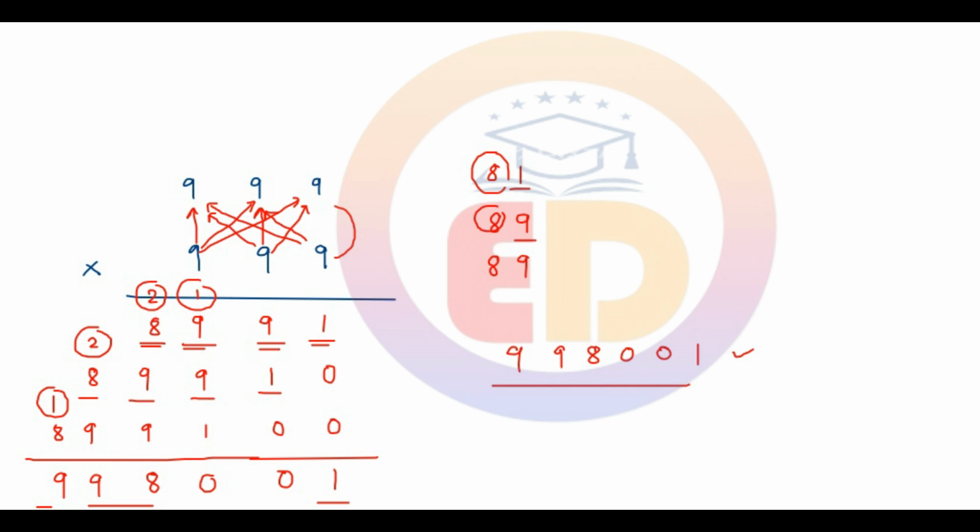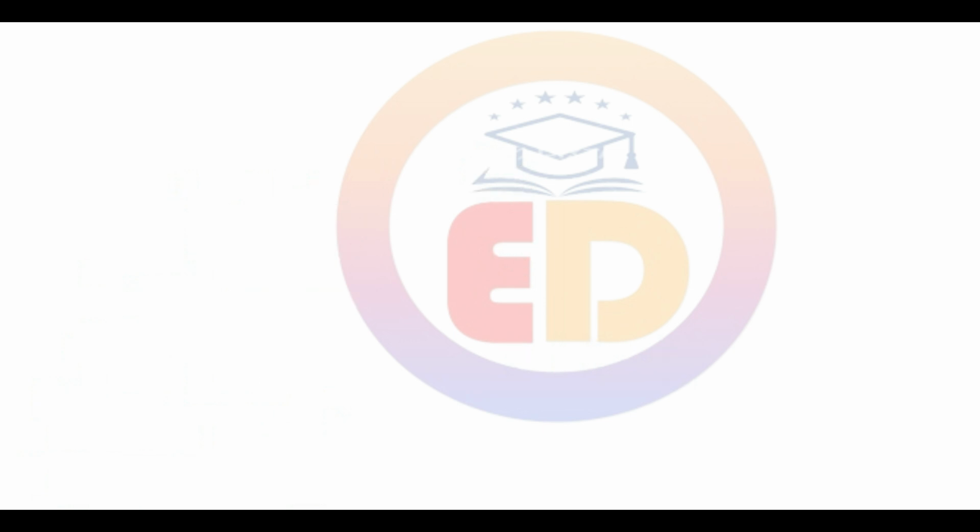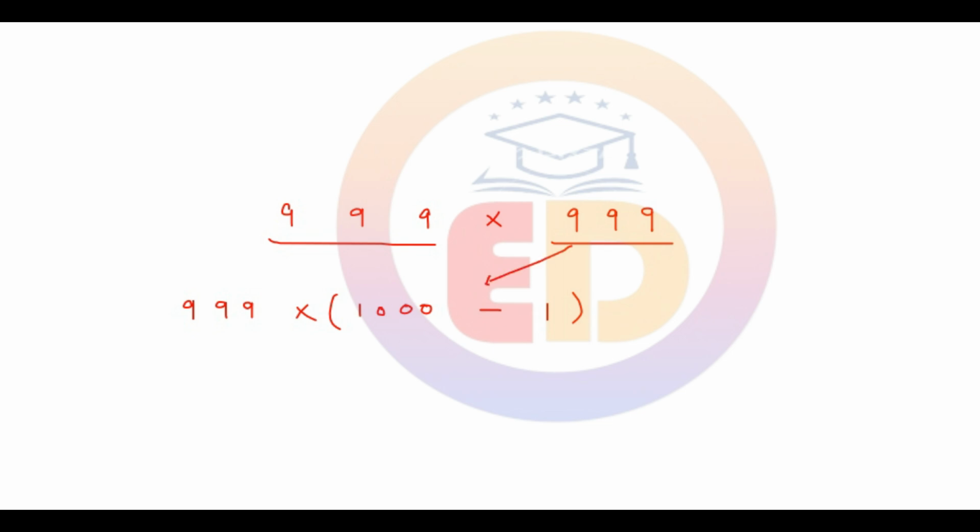Another easier method of multiplying these two numbers, 999 into 999, let us look at this. Let us understand that first number is 999 and second, this 999 I will write as 1000 minus 1, because 1000 minus 1 is 999.